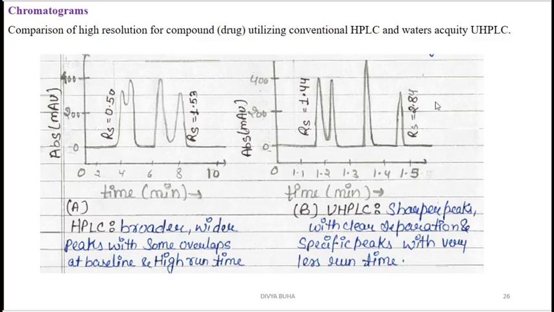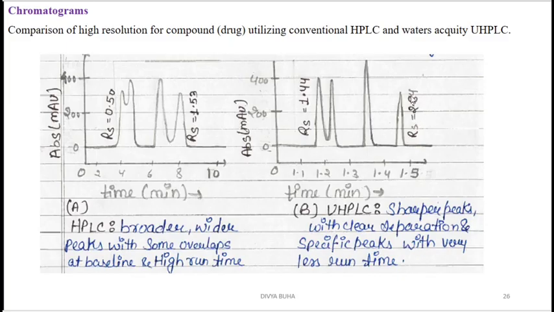So you can see that the resolution power is more in UHPLC as compared to the HPLC. And now you can make out that if the resolution is more, then the peaks would be further apart from each other and they won't overlap with each other, right? If you see these two peaks in this graph, then the resolution is just 1.5. So at the base, the peak is slightly overlapping.